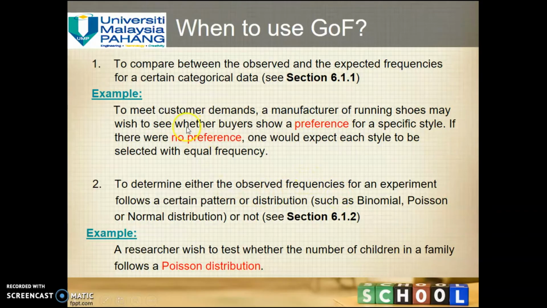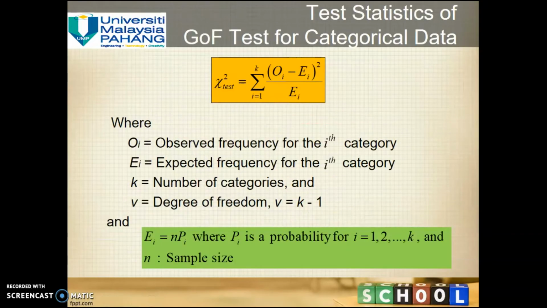Okay, so we have this example. The test statistic for the goodness of fit test for categorical data. Similar formula for 6.1, meaning for 6.1.1 and also 6.1.2 we have a similar formula to find your chi-square.